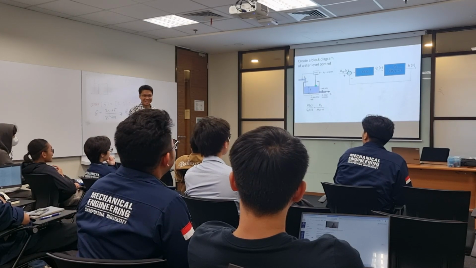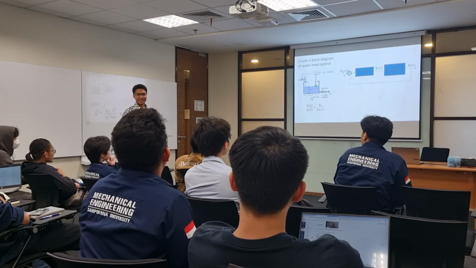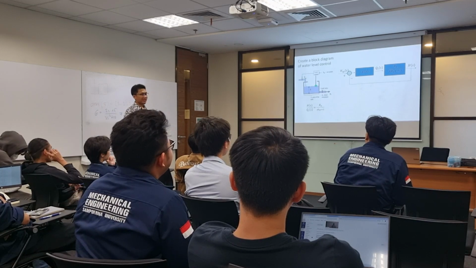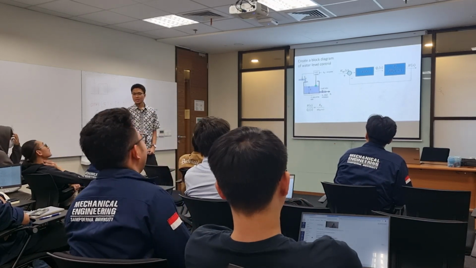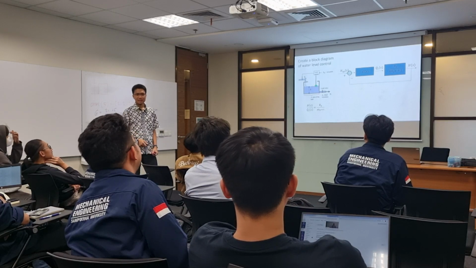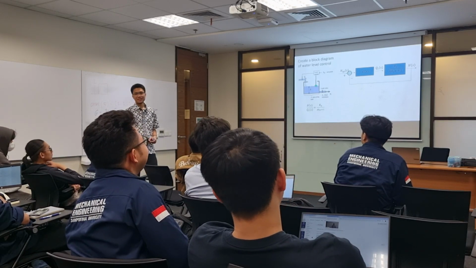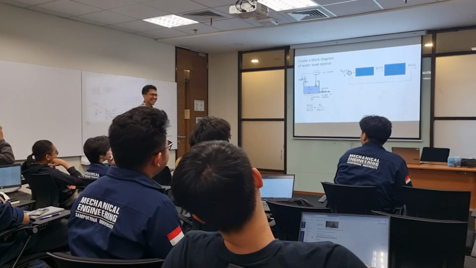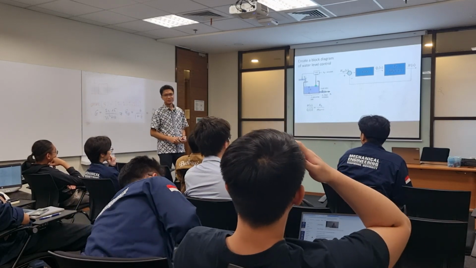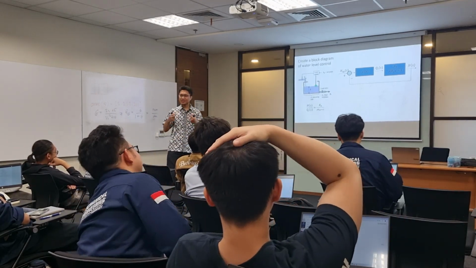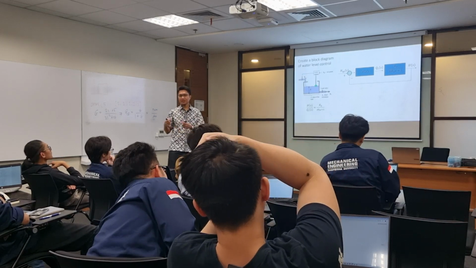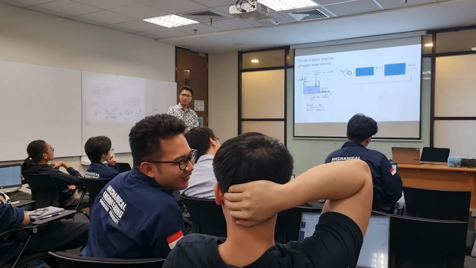UI. The output of the controller is UI. What is the output of the plant? H. But you have to know this, the basic level.